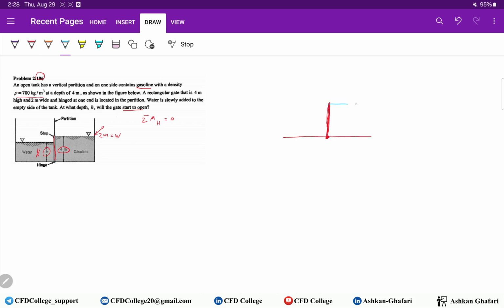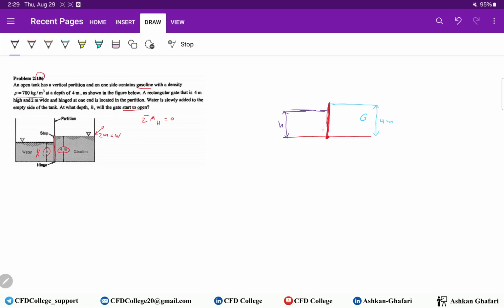Here we have gasoline. This is 4 meters, and here we have water with a depth of h. And we need to find forces.